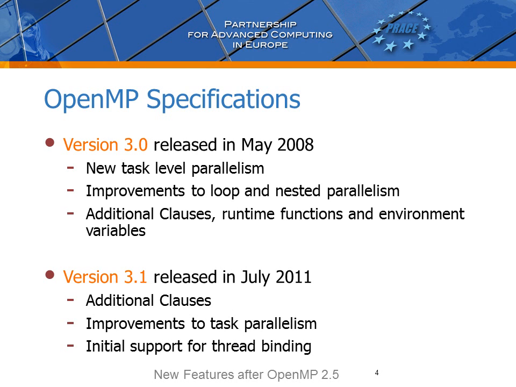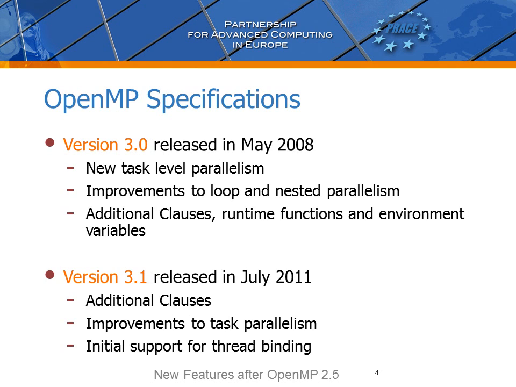Version 3.0 was released in May 2008 with new features including tasks, and a better support for loop-level and nested parallelism. Addition of tasking is the biggest change between 2.5 and 3.0. With this new feature, a wider range of applications can now be parallelized.